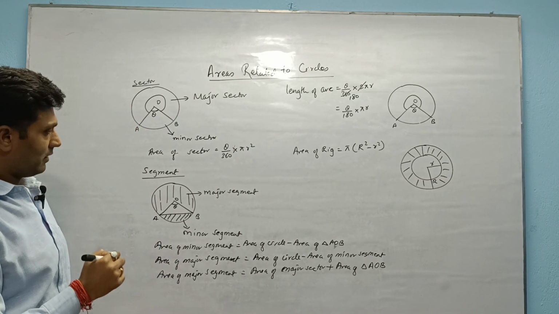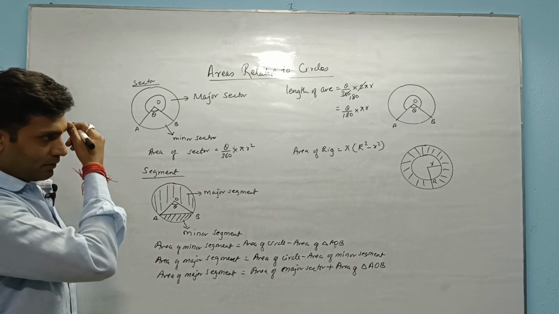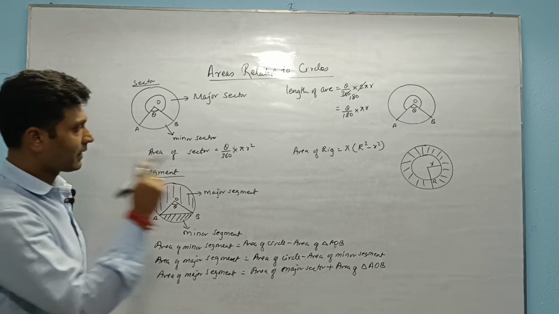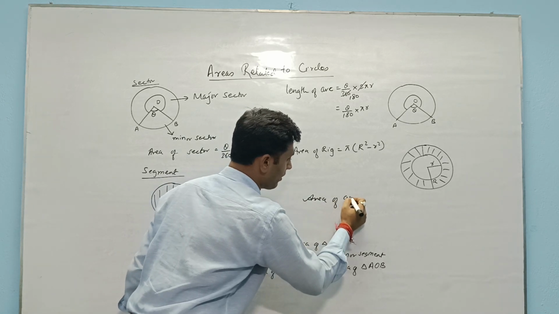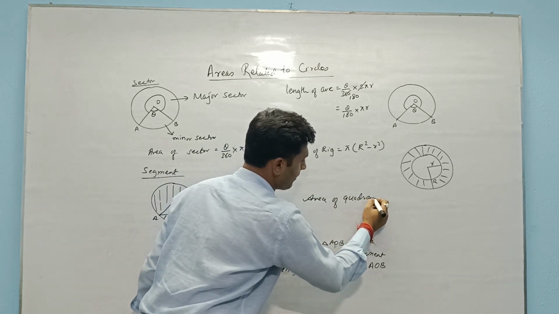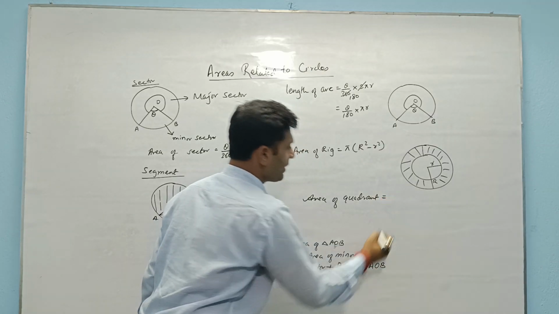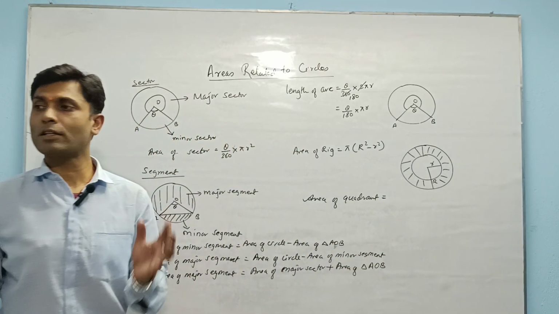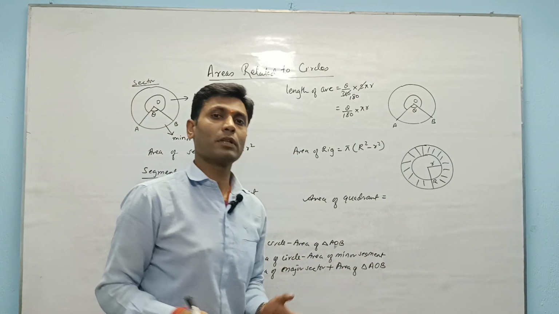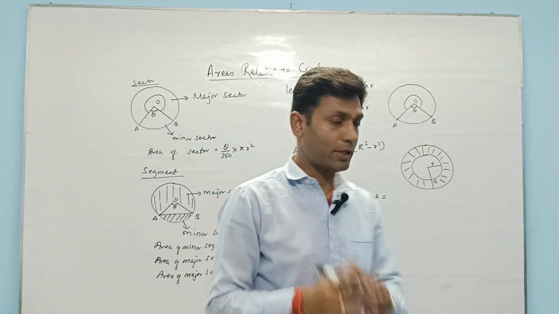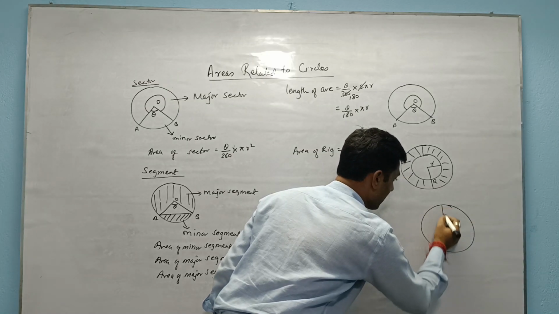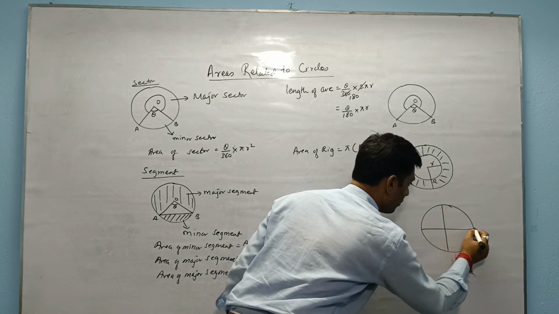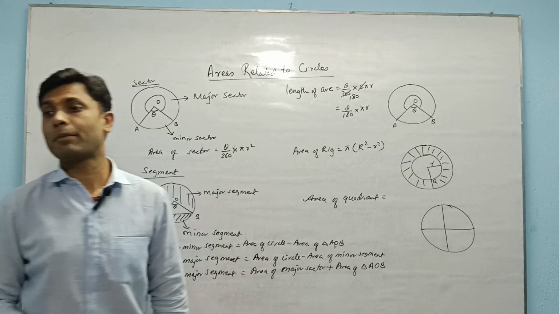Then one more thing, area of quadrant. Quadrant means quarter circle. One fourth of a circle is called quadrant. Let's say this is a circle and you have drawn two perpendicular diameters.